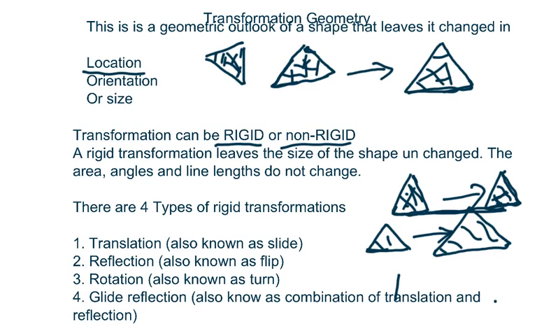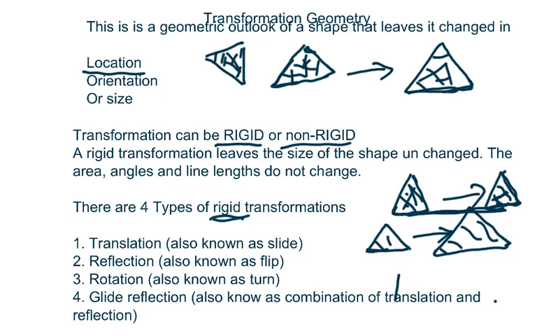So then, let's look at 4 types of transformations that we teach at primary school that are rigid. The first one we talk about is a translation, which is also known as a slide. We're going to talk about translation today.